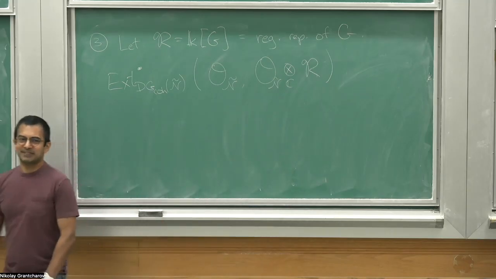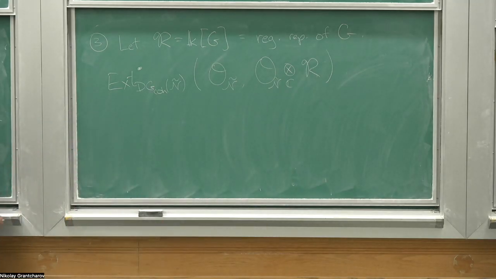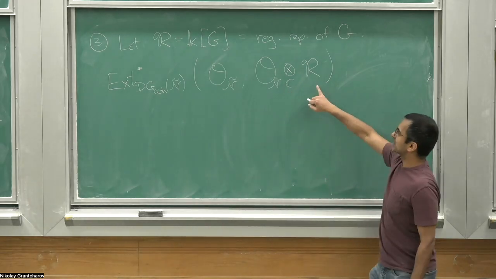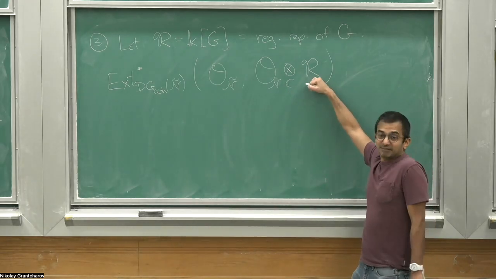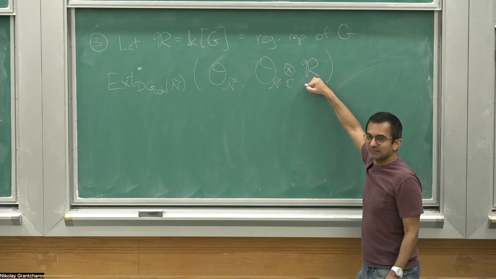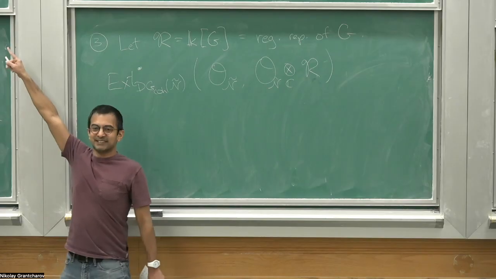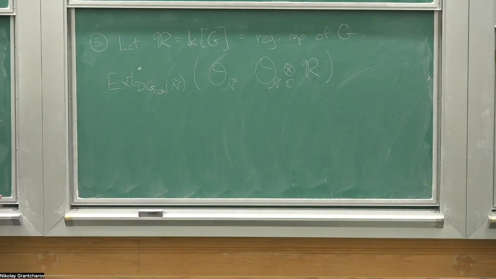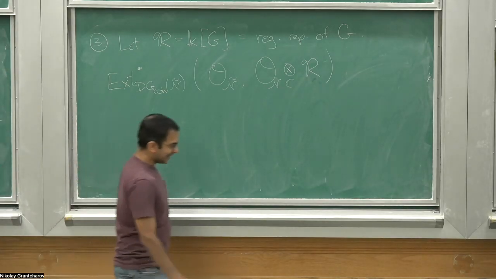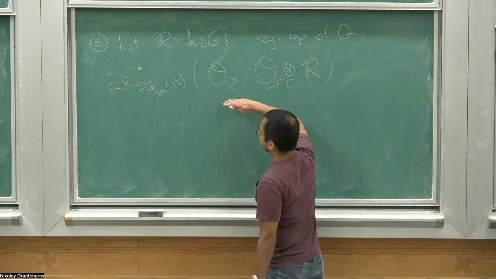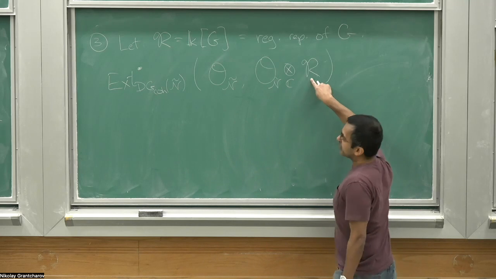And you could complain that this doesn't make sense. Definitely one way in which I'm being a bit sloppy is that R is not finite dimensional. So if I tensor by an infinite dimensional vector space, I'm not getting a coherent sheaf anymore. Let's not worry about that. The other thing that's happening here is that R is a ring.